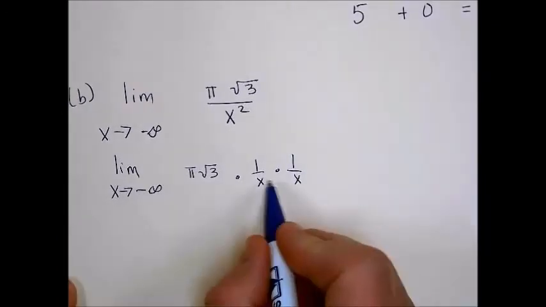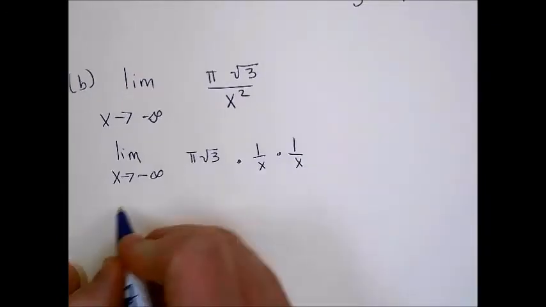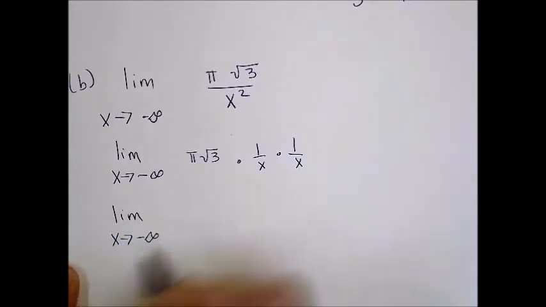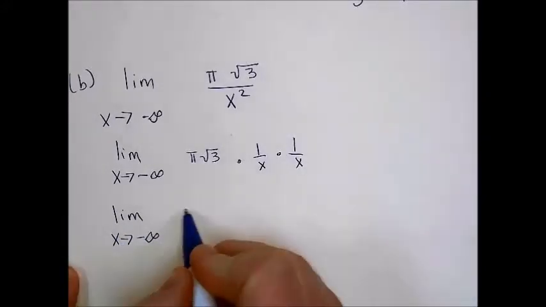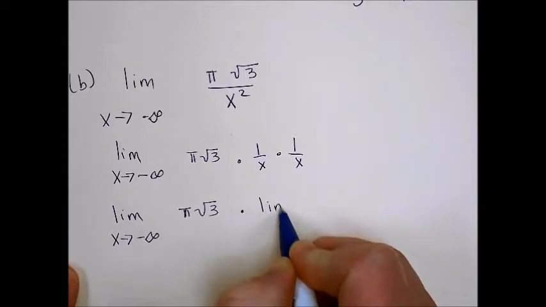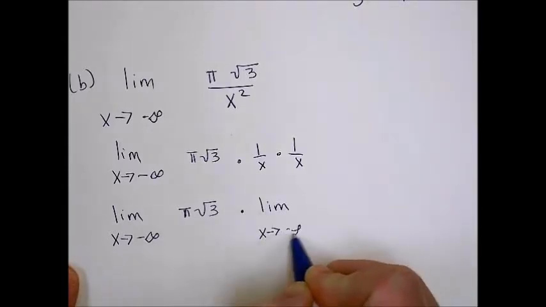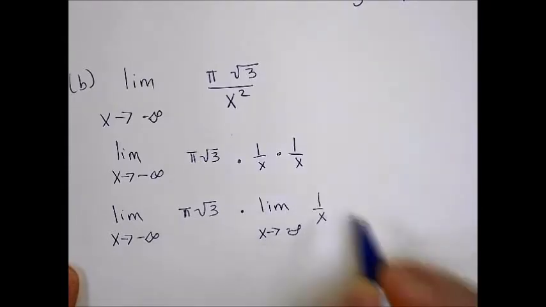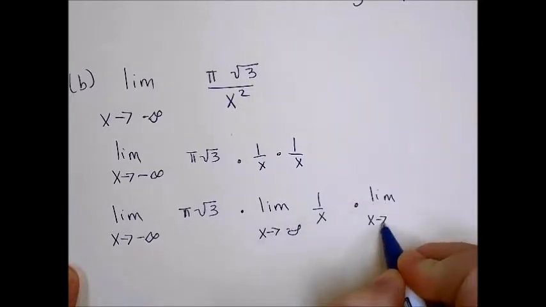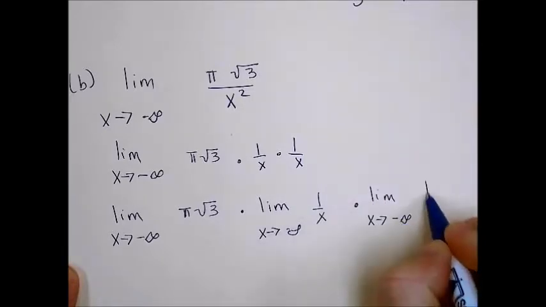Then we'll take the limit of each part of that: the limit as x approaches negative infinity of pi times the square root of 3, times the limit as x approaches negative infinity of 1 over x, times the limit as x approaches negative infinity of 1 over x.